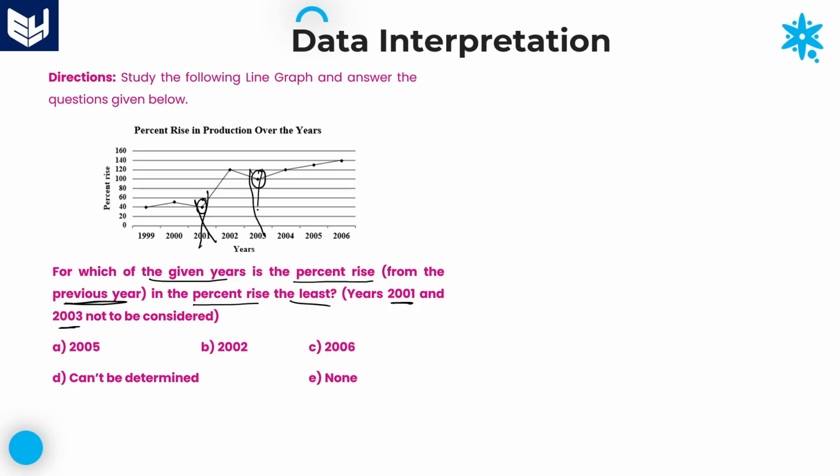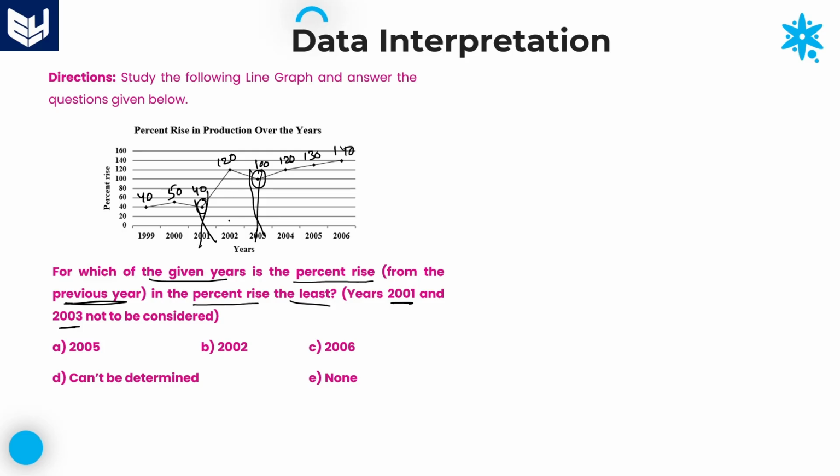What is the reason why these values are not considered? Can anyone guess it? The reason is, if you observe 2001 compared with the previous year, let us note down all the values: 40, 50 and this is 40 again, this is 120, this is 100, this is 120, this is 130, this is 140, right?